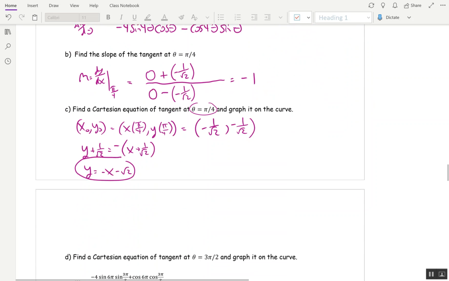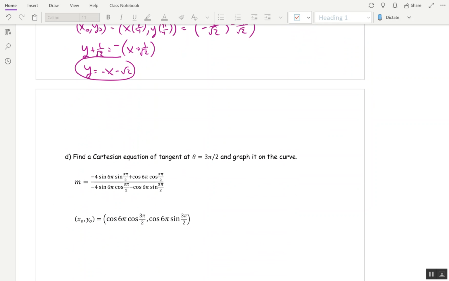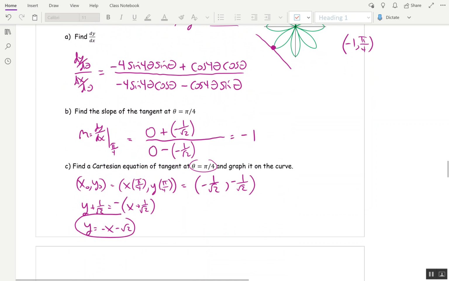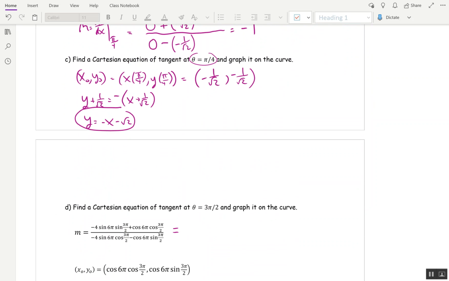Okay, so now I think there's one more for you guys to do. Find a Cartesian equation at 3 pi over 2, graph it on the curve. So what I did was just put 3 pi over 2 into our formula in part A for slope. Okay, yikes. All right, hopefully this won't be as bad as it seems. Well, no, it's not, because sine of 6 pi is 0, so that's nice.